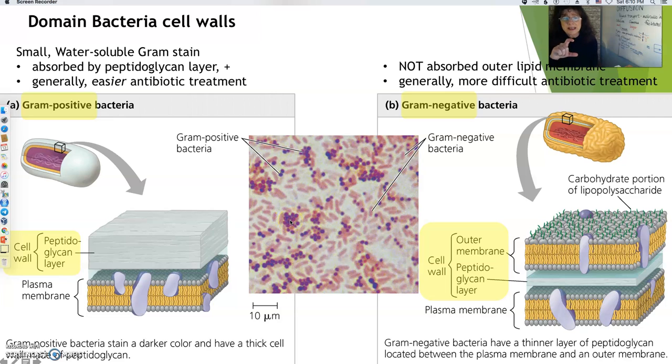This is a representation. This is a microscope slide of gram-positive and gram-negative stains together. The gram-positive stains are looking violet with the water-soluble gram stain.